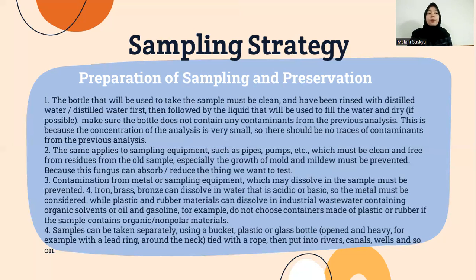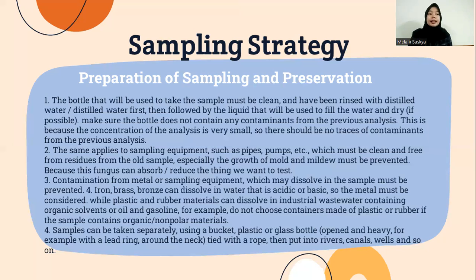Contamination from metal or sampling equipment, which may dissolve in the sample, must be prevented. Iron, brass, and rust can dissolve in water that is acidic or basic, so the metal must be considered.